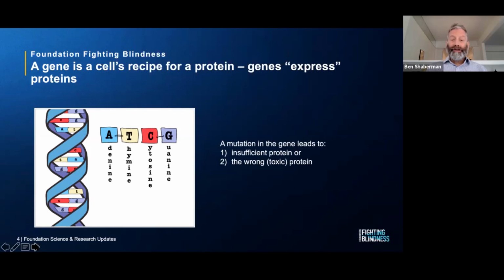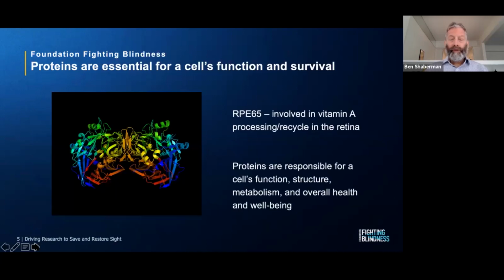So there's a lot of genetic information in every cell in our bodies. So again, proteins are what are really critical to the health and function of our cells. On the left here, this collection of strings and coils is actually an image of an RPE65 protein.